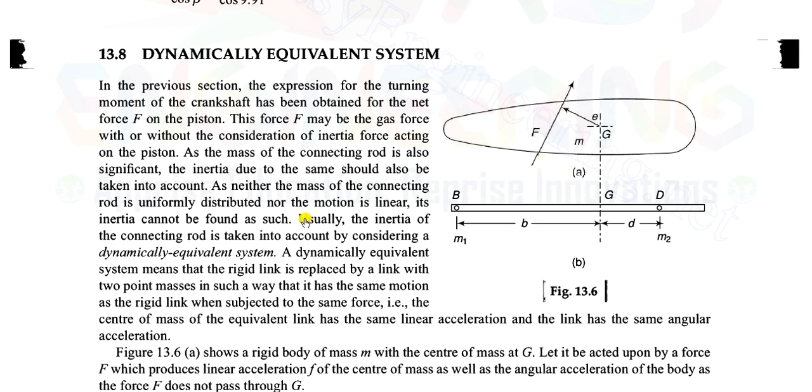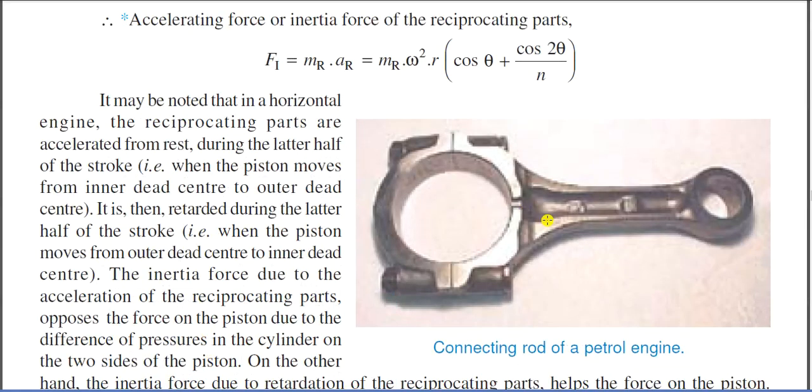The example is the connecting rod. Usually the inertia of the connecting rod is taken into account by considering a dynamically equivalent system. If I show a diagram of how a connecting rod looks, this is your connecting rod, and we can see the mass is not uniformly distributed.